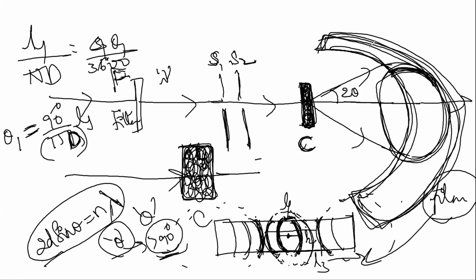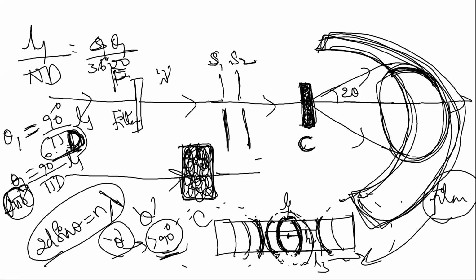The entire cylindrical film diameter is D. So you know 90 by pi R, the diameter of the cylindrical film, that is pi D. Like pi into 2R, that is pi D. If it is radius, it is 2 pi R, but here pi into 2R is nothing but D. So pi D is the perimeter for 90 degrees, equal to theta 1, because L is equal to R theta.